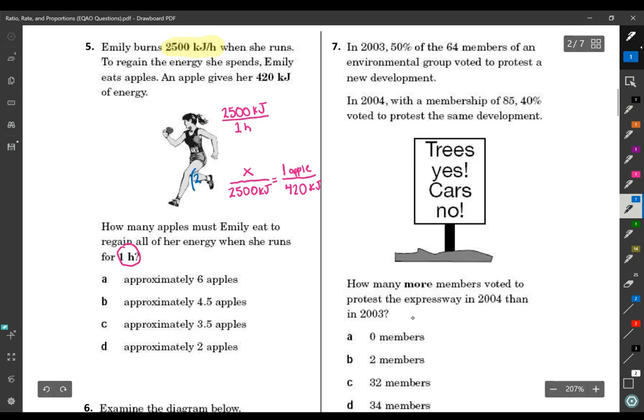We're going to multiply both sides by 2,500 kilojoules. And that cancels that out. That leaves x all alone. And then to solve for x, we do 1 times 2,500 divided by 420. And that's going to give us a decimal. So it's going to give us 5.95 approximately. So that's about 6 apples. About 6 apples. So that is answer A.